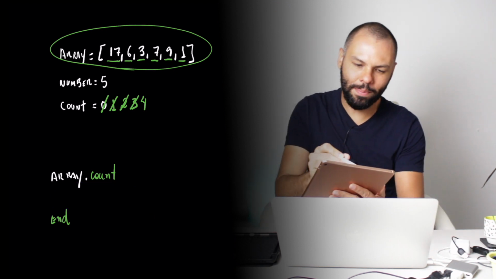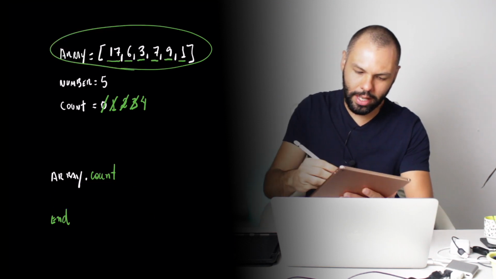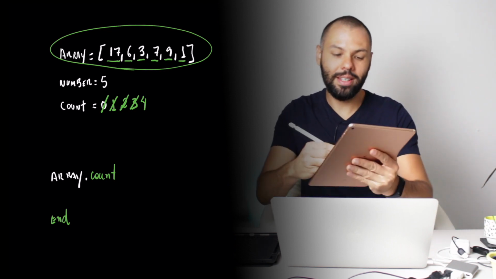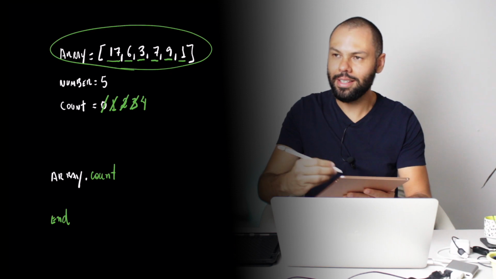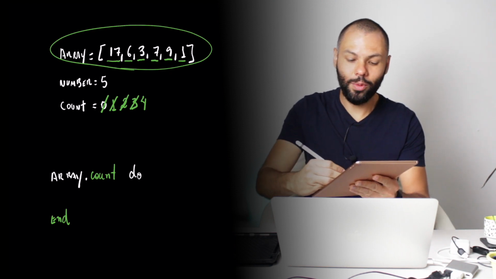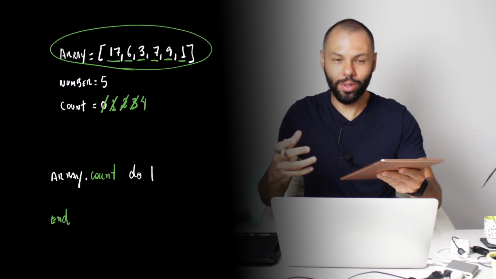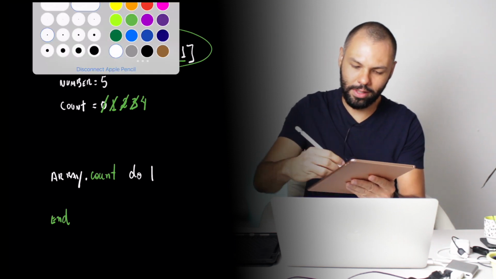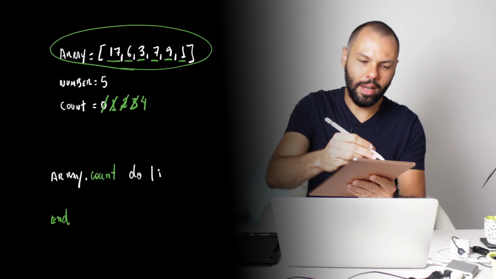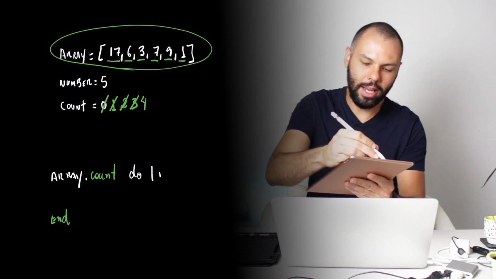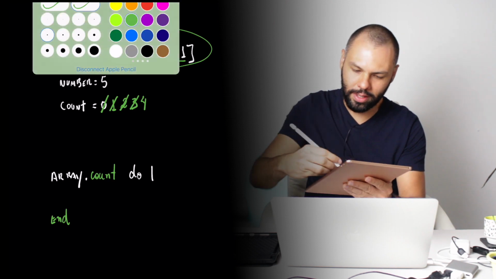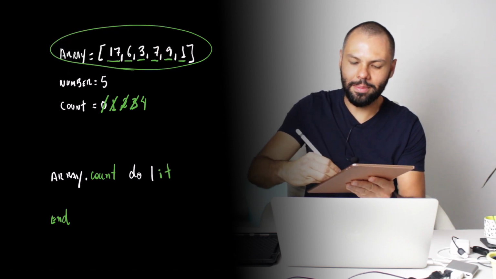So what happens is that you say array dot count, and you can say do, which is a keyword, and then you have this item.